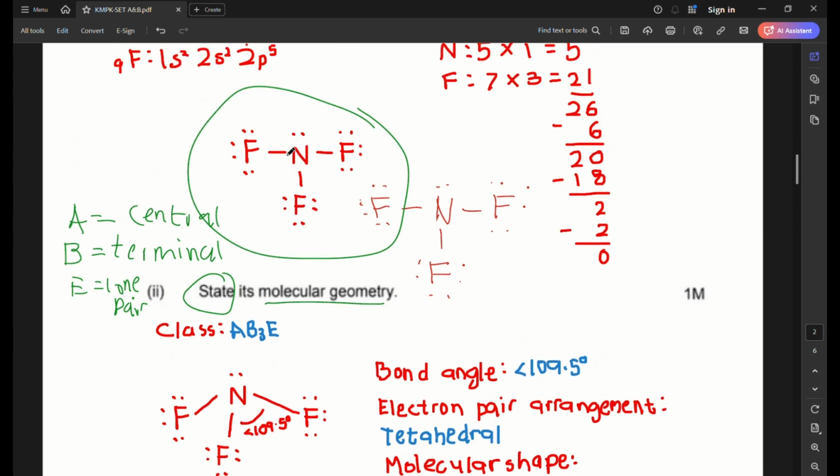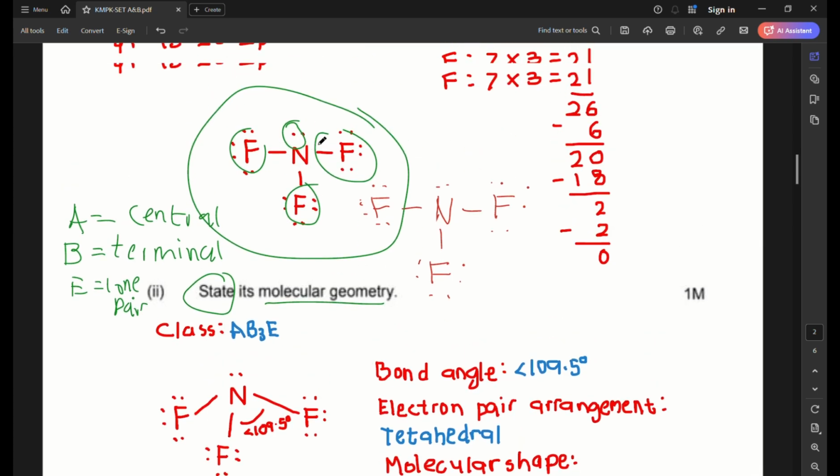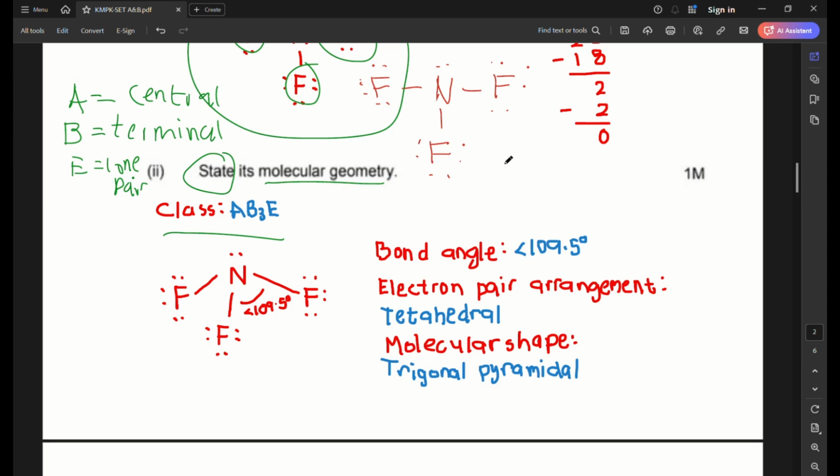As you can see here, there's 1 A, so A. There are 3 B's, 1, 2, 3, so AB3. And there's 1 lone pair, so AB3E. So the class should be AB3E, and for AB3E you have to draw the shape.